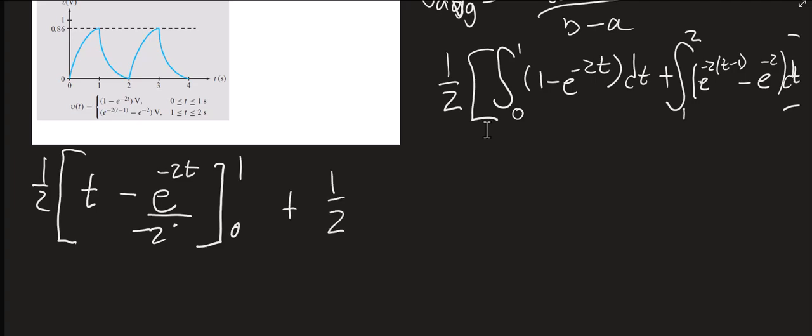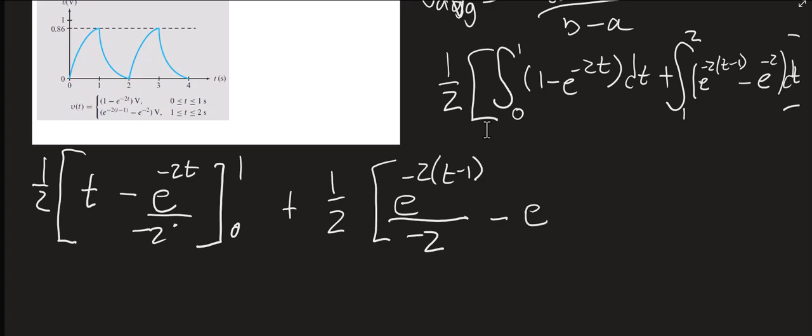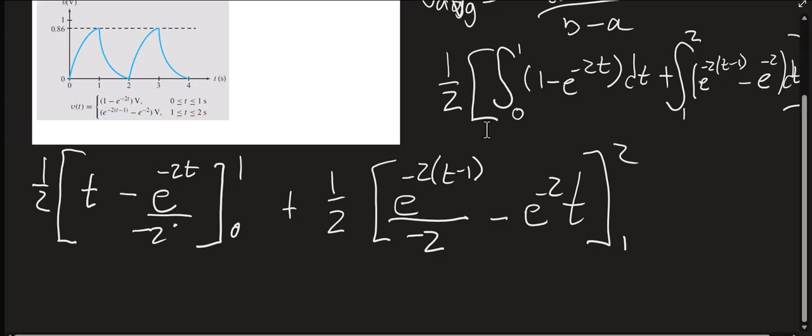And then plus 1/2, and the integral of e to the minus 2t minus 1 is e to the minus 2t minus 1 over negative 2. Minus e to the negative 2 is just a constant, so its integral is e to the minus 2 times t, from 1 to 2.